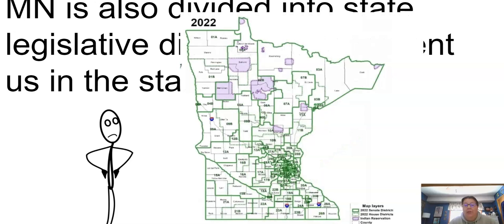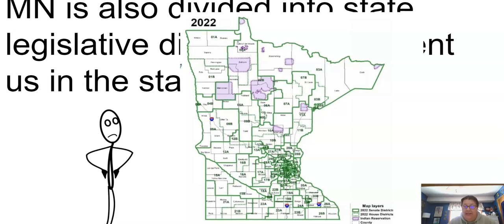So when we get into looking at the state legislative district, we see what looks like a very big mess. Because in Minnesota, Minnesota is divided into 67 Senate districts for St. Paul, and each of those Senate districts is split in half, and they're identified as A and B, and each one of those split Senate districts is a representative.